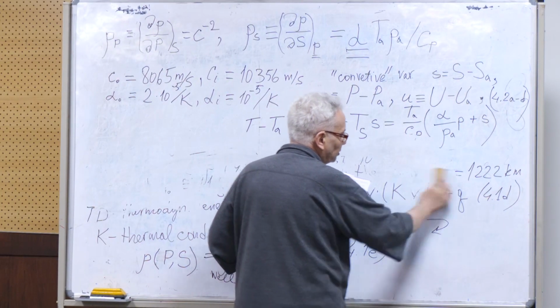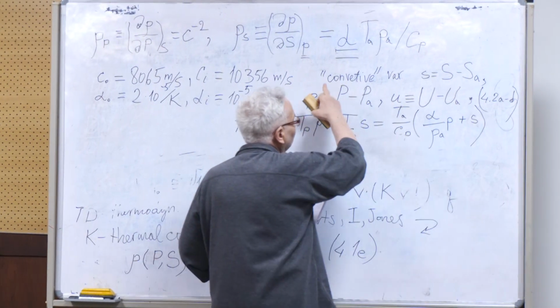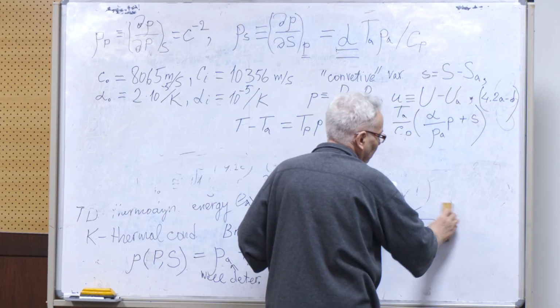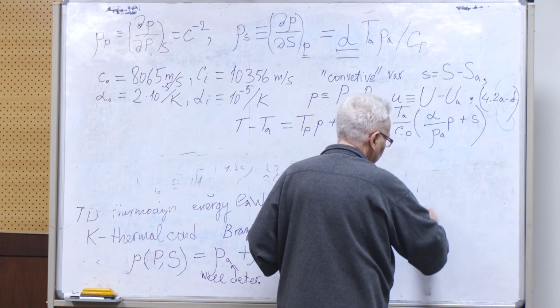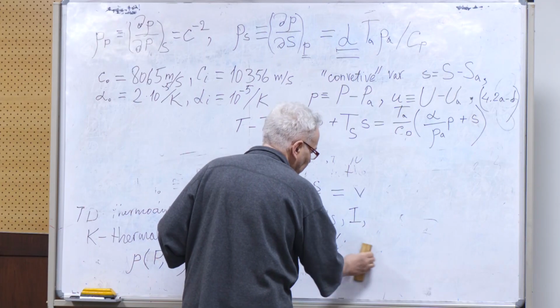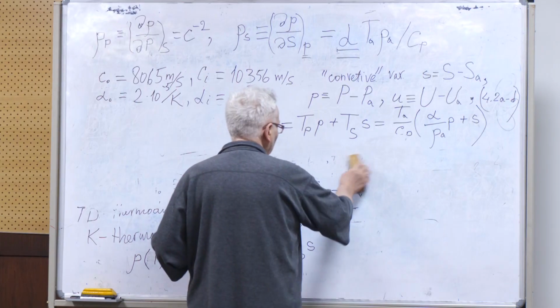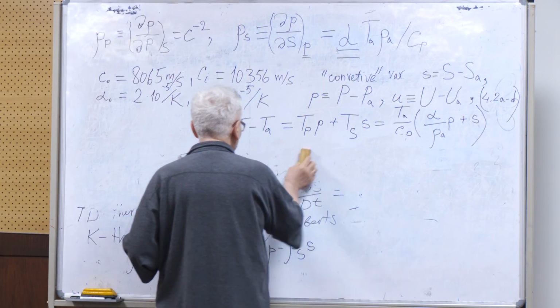As I already told you, we have so-called convective variables, in brackets. These convective variables are very small, even tiny, differences from the corresponding adiabatic variables.